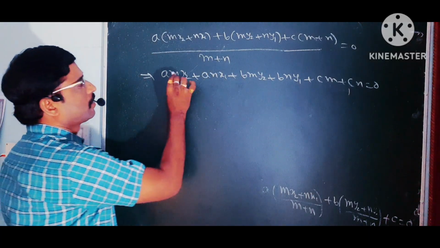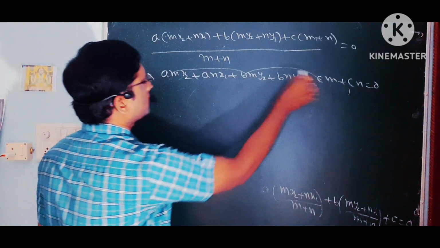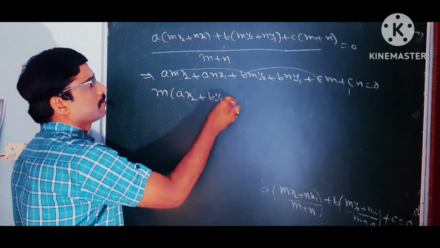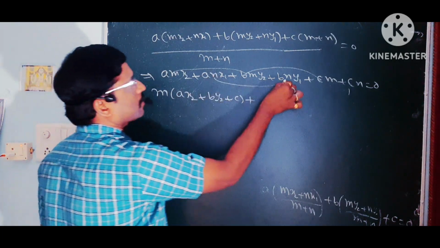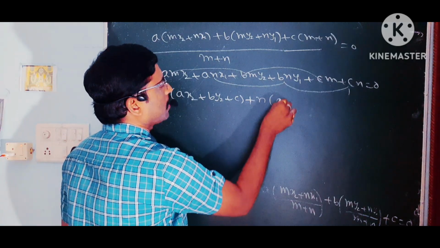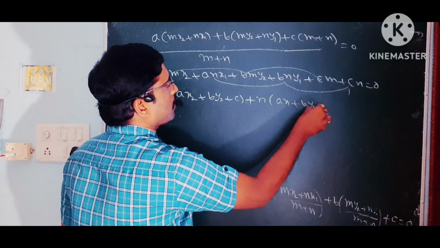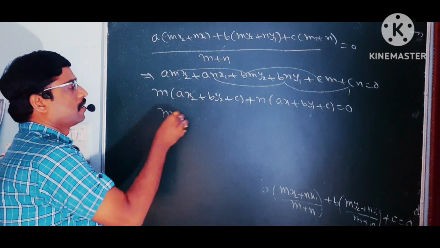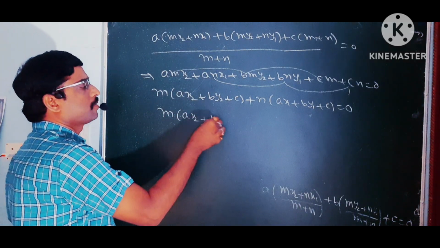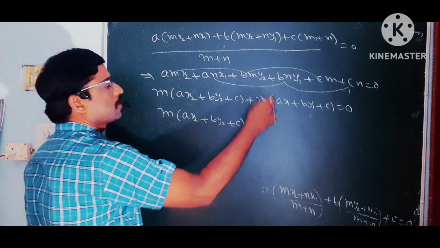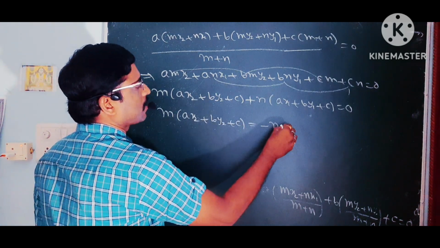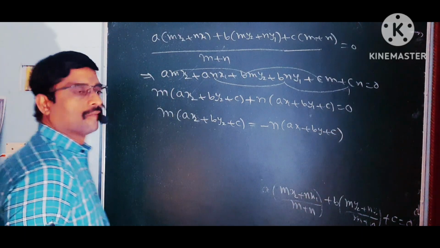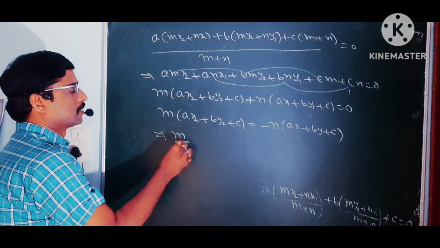Okay. Now I am taking m common: m into (ax2 plus by2 plus c). Here n common: n into (ax1 plus by1 plus c) is equal to 0. Now m into (ax2 plus by2 plus c) is equal to, sending this positive value to the other side, minus n into (ax1 plus by1 plus c). What is the requirement here? m by n.